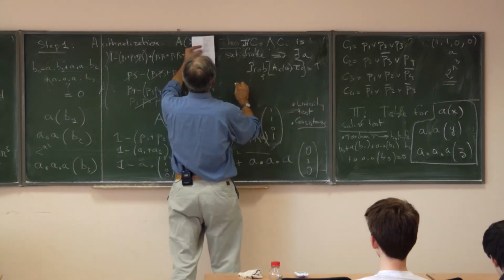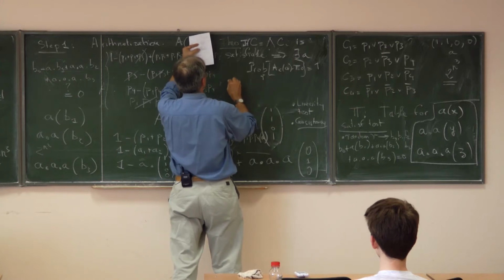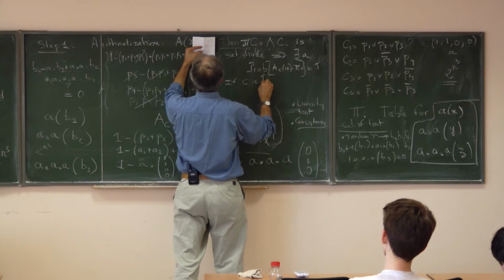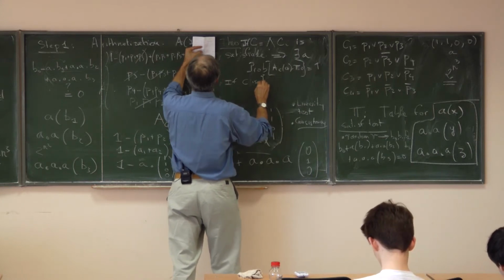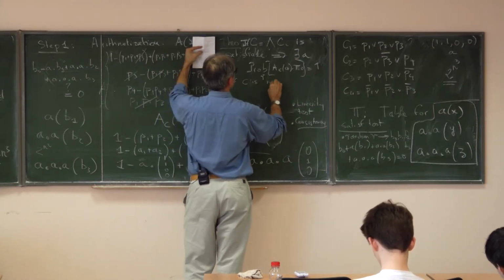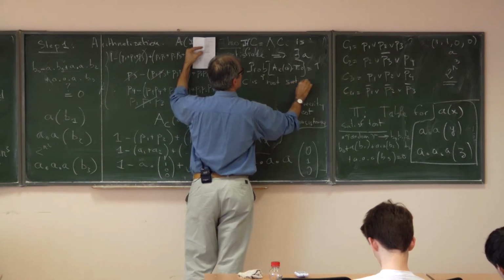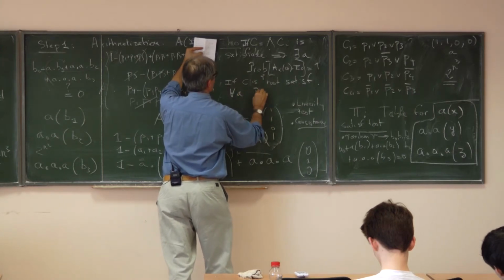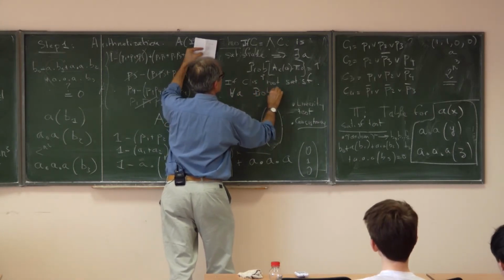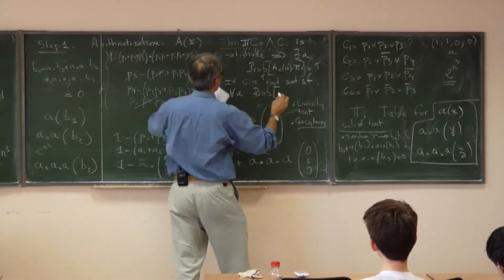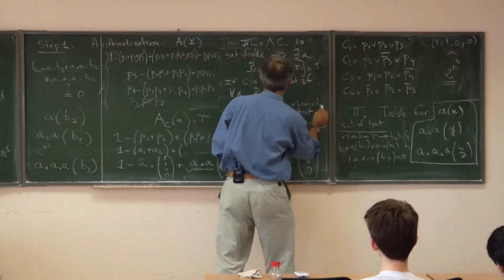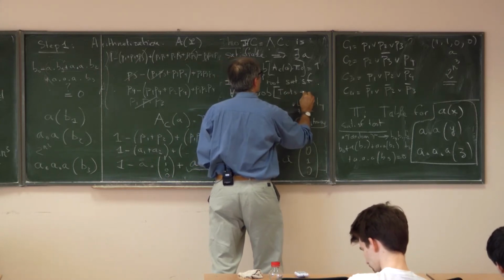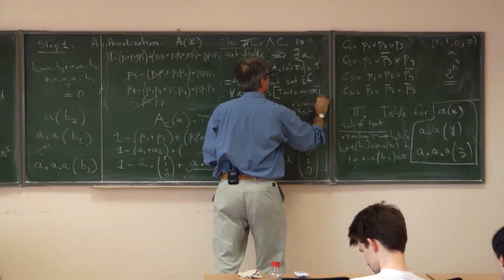And then if C is not satisfiable, well, then for all A, the probability that all three tests are okay is less than 1/2.